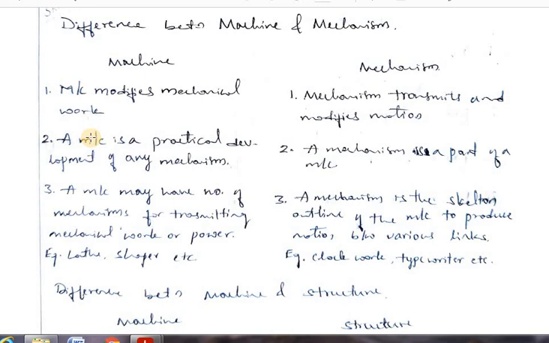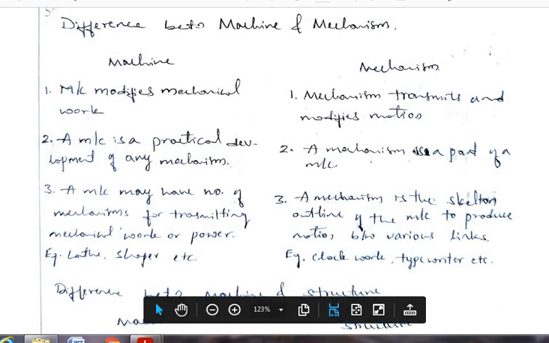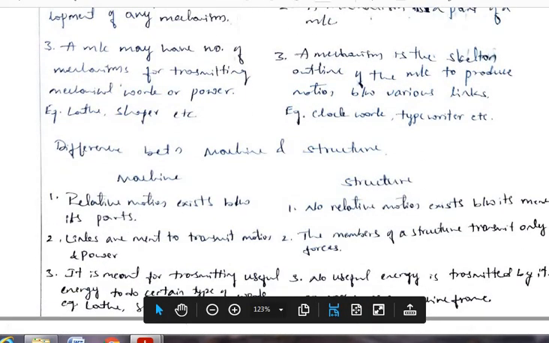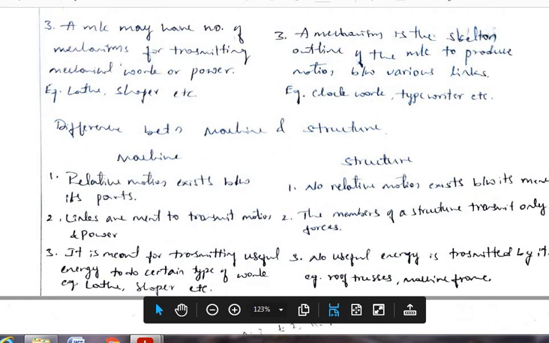So that is the difference between the machine and the mechanism. Next we have the difference between the machine and the structure.